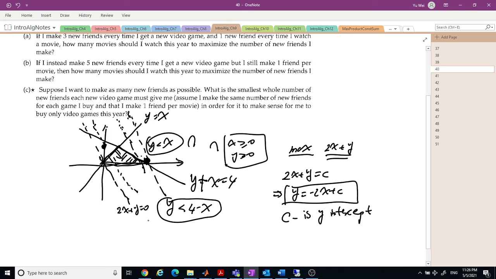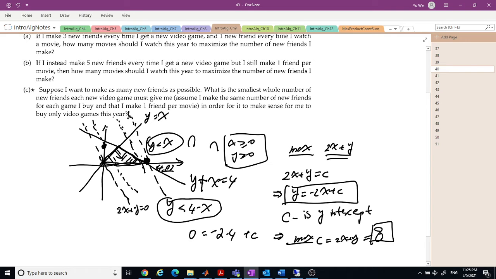So when the line passes through x equals 4, through the point 4 and 0, let's put 4 and 0 inside. So 0 equals negative 2 times 4 plus c. So we know the maximum of c, which is 2x plus y, is equal to 8.